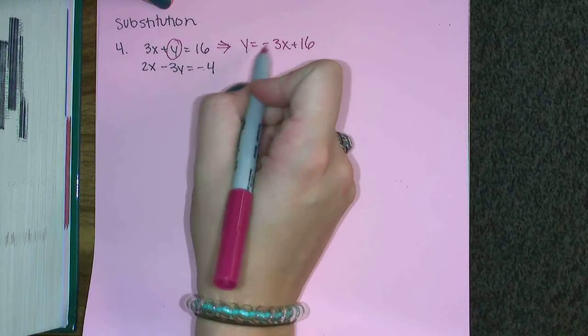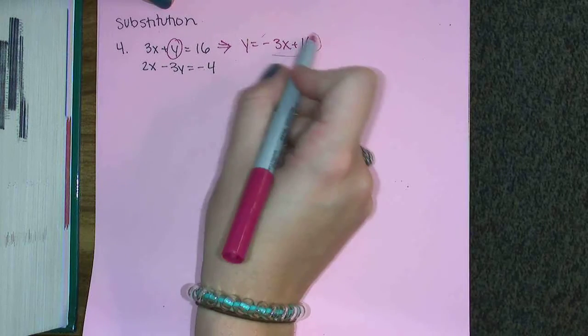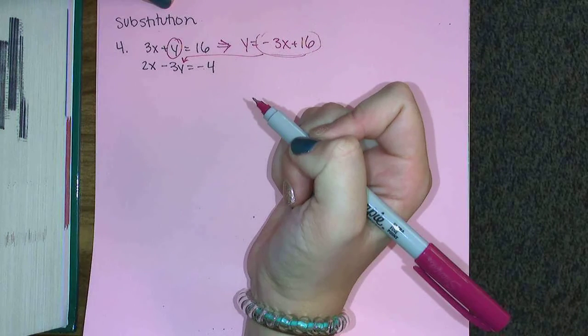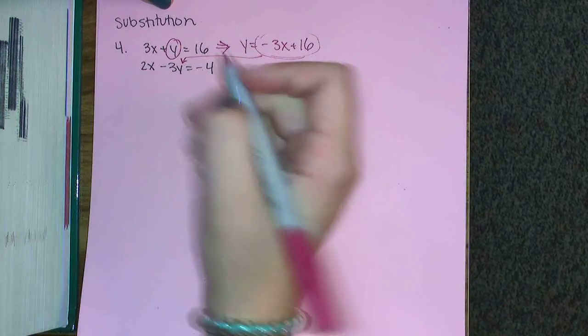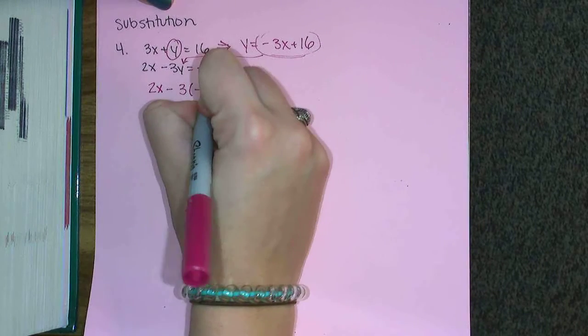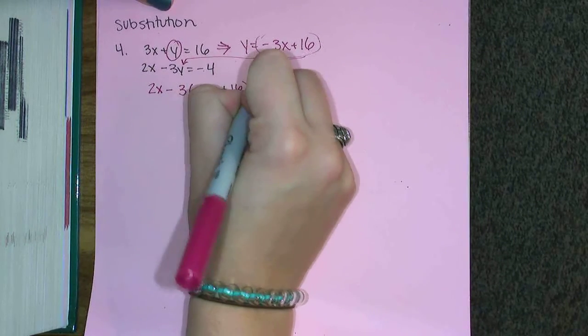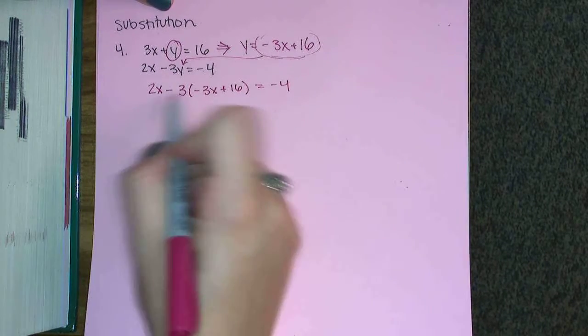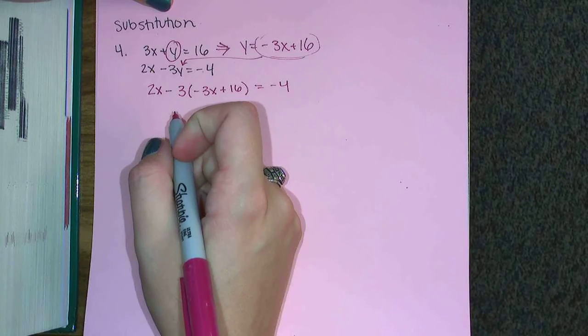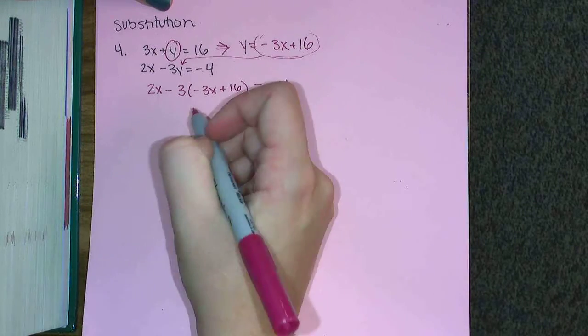Now I'm going to take this negative 3x plus 16, and I'm going to put it in for y down here. So I have 2x minus 3 times negative 3x plus 16 is equal to negative 4. Now I have an equation that just has one variable in it. So now I need to solve for x. What's the first thing I need to do?